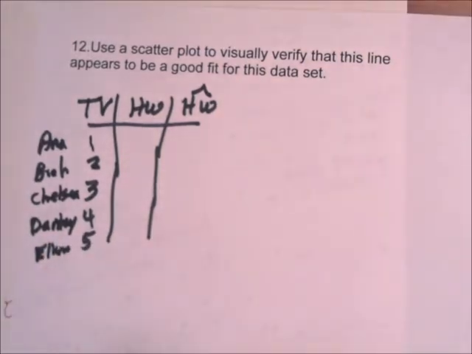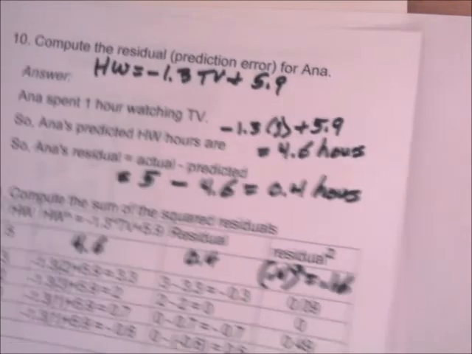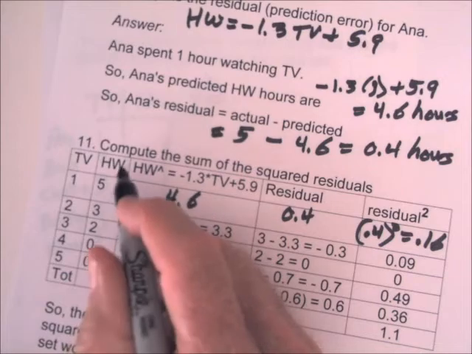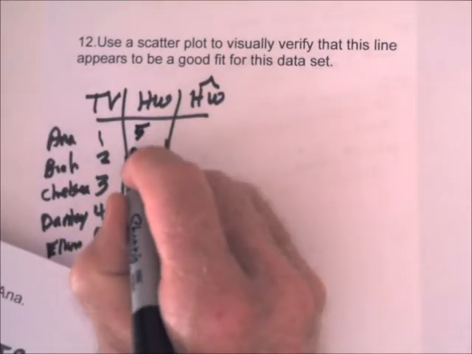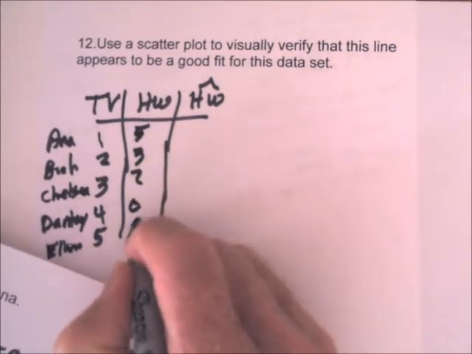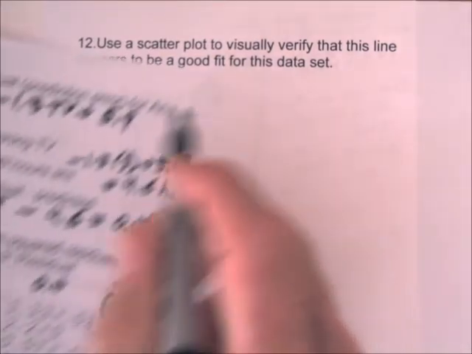Okay, and we were given the homework hours for each student also, so it's 5, 3, 2, 0, 0, and we just computed the predicted homework.